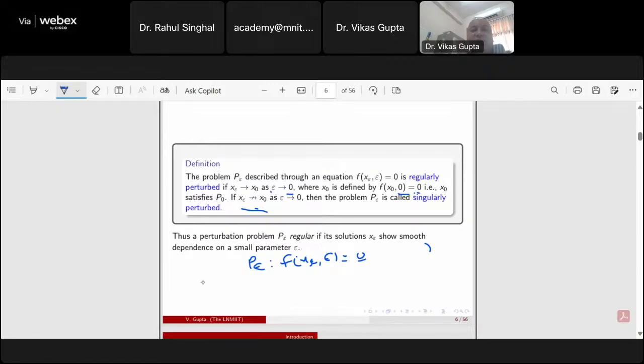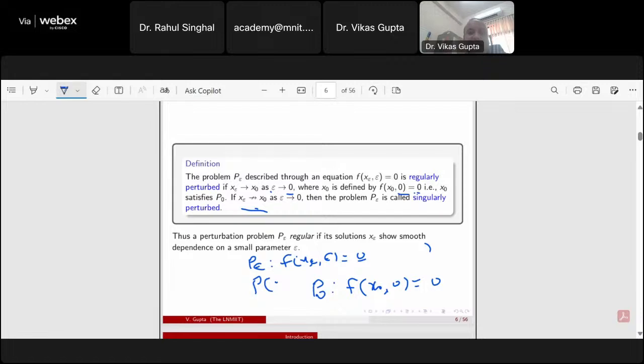P naught is f(x naught, 0) equal to 0, a problem which is defined by this equation. So note that problem P epsilon is said to be regularly perturbed if x epsilon approaches x naught as epsilon approaches 0, where x naught is the solution to the problem P naught.